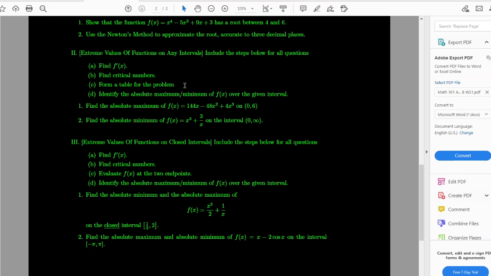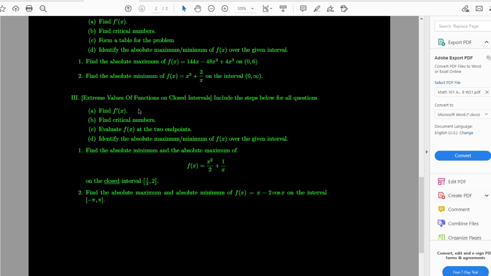For part 2, question number 2, it's also on an open interval. In step 3, you also have to use a table to determine whether the function is increasing or decreasing on some interval. Then you use that information to determine the location of the absolute maximum or minimum and so on. And the two questions in part 3 are in the nature that the function is defined on some closed interval.